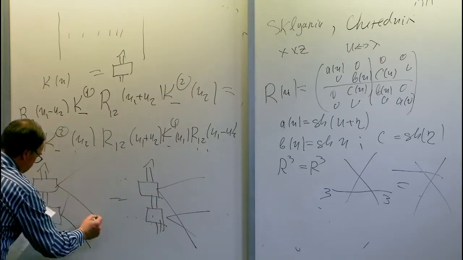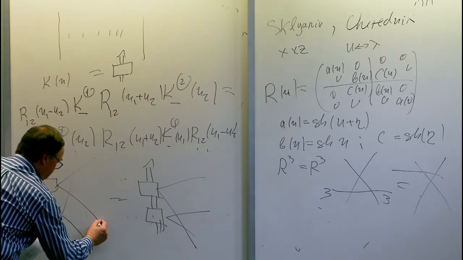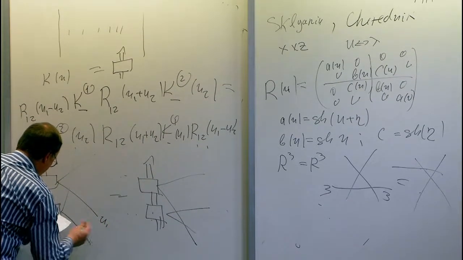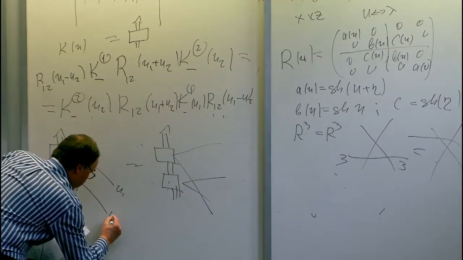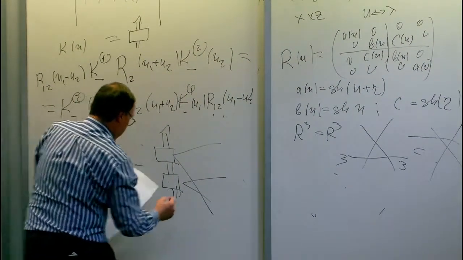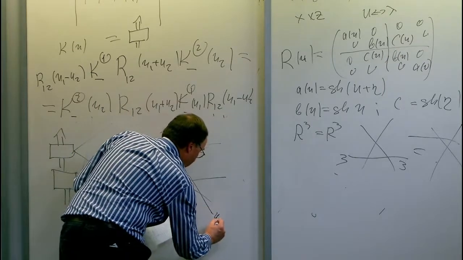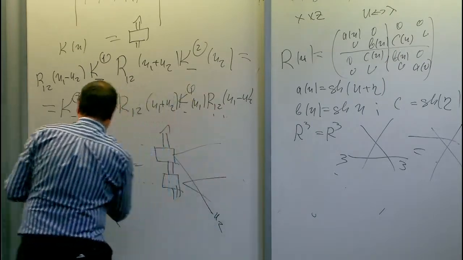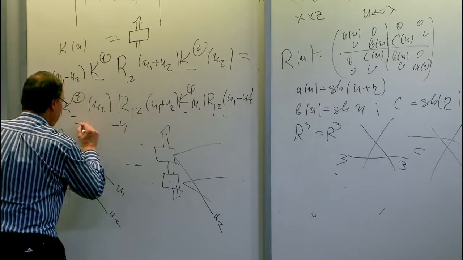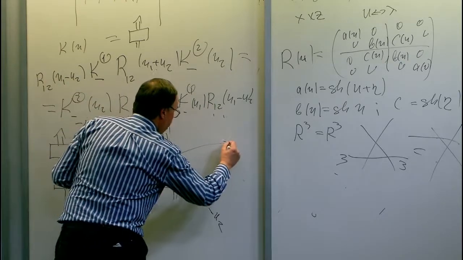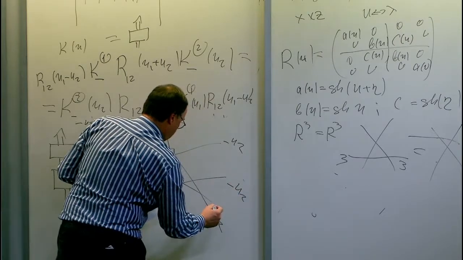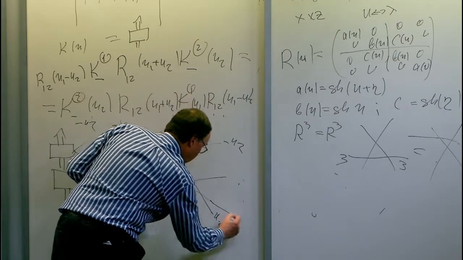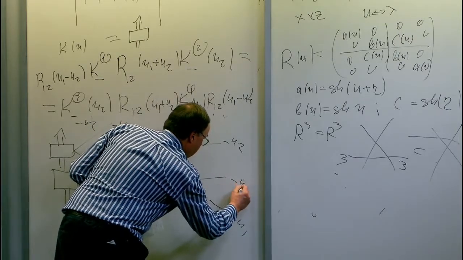I'm supposed to think about this as a spin wave with a spectral parameter u1, which was lambda in the previous part, and this is u2, and this is u2, and this is u1, minus u1, this is u2, minus u2, and this is u2, minus u2, minus u2 in here, u1, minus u1.